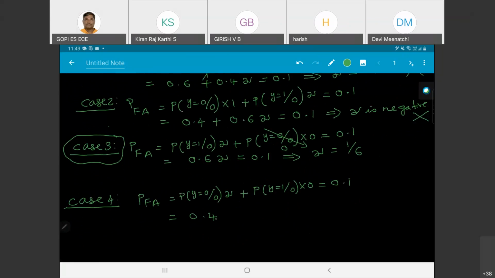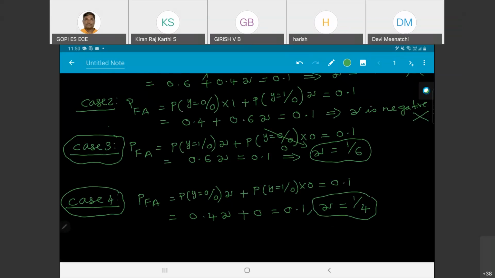So 0.4 gamma plus 0 equals 0.1. Then we can find the gamma value as 1 by 4, right? So both are actually valid. Case 3 and case 4 both are valid, but we have to choose one. How do we choose?